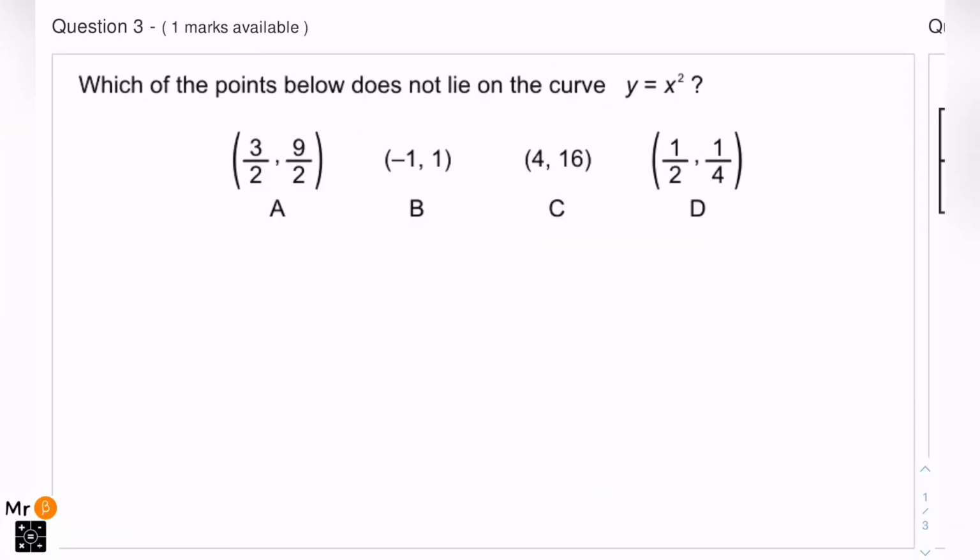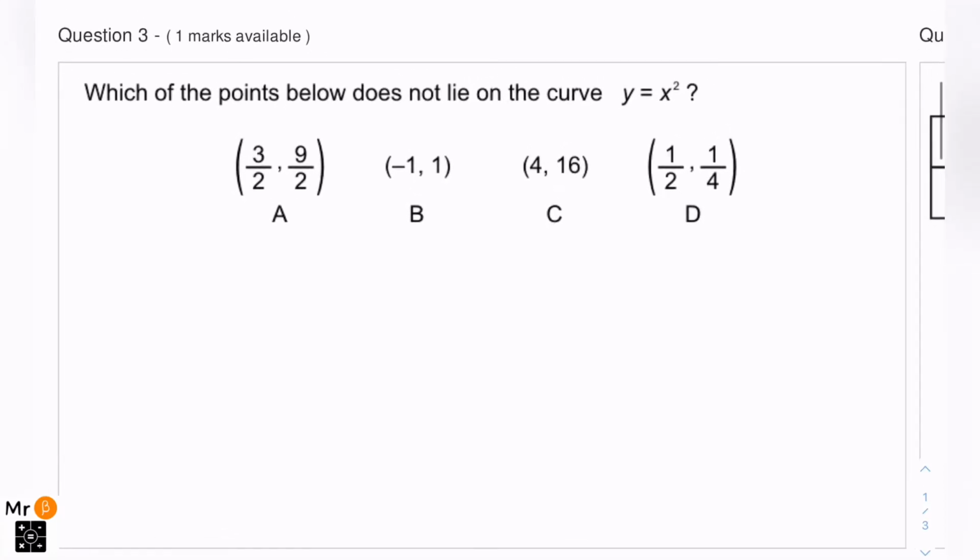Question 3. It's asked which of the points below do not lie on the curve. And we have been given the curve y equals x squared. So if we look at A, we know that x is equal to 3 over 2 and y is equal to 9 over 2.